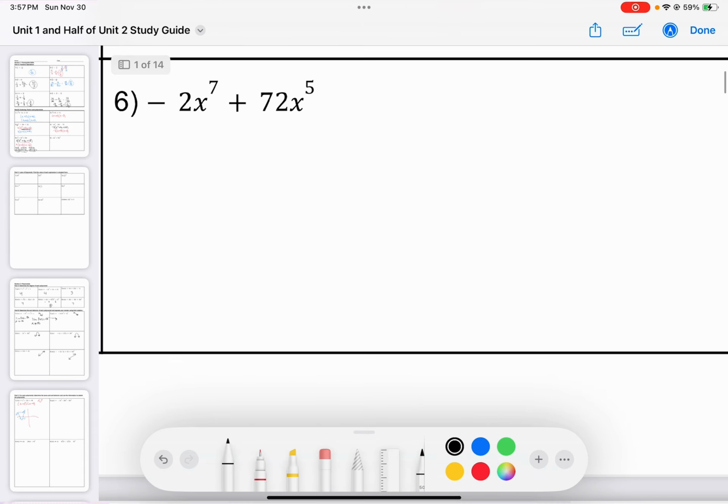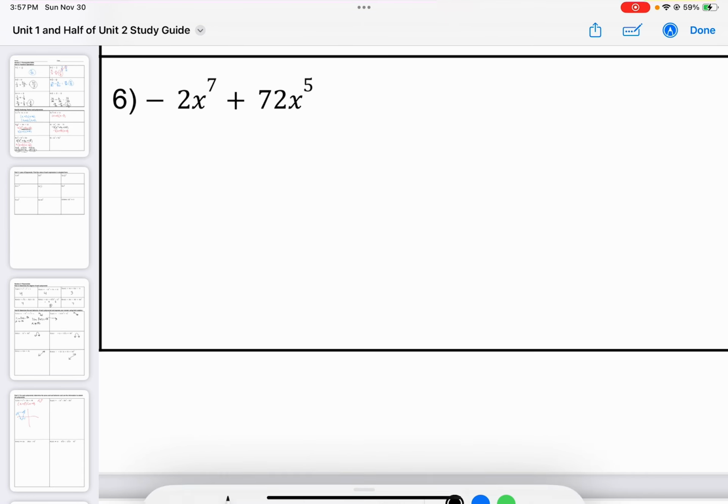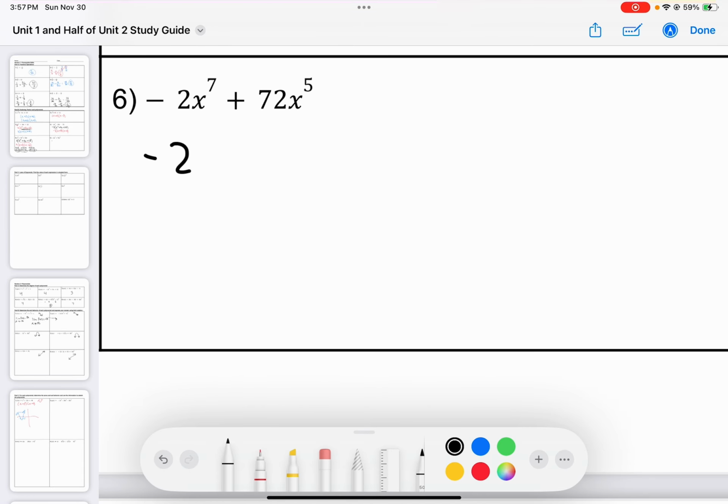x-axis. Okay. Here, I'm going to pull out both this negative 2 and my smallest x is x to the 5th. So I have negative 2x to the 5th. So this just becomes x squared, because I divided out the negative 2. I divided out 5 of the x's, leaving 2 left. This becomes minus 36, because 72 divided by negative 2 is negative 36.